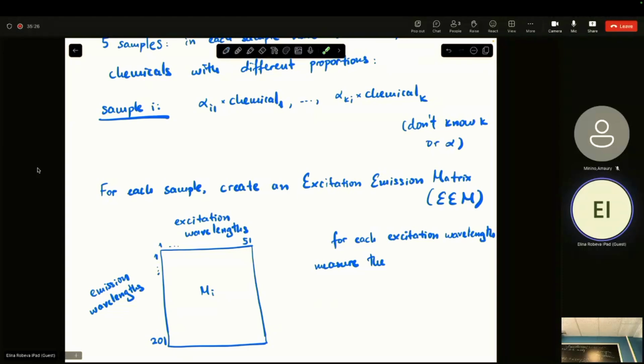So you excite with some excitation wavelength here, and then for each of the emission wavelengths, you see how long it emits from that wavelength. And that's what you record in that entry.